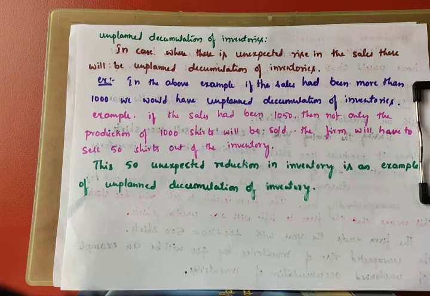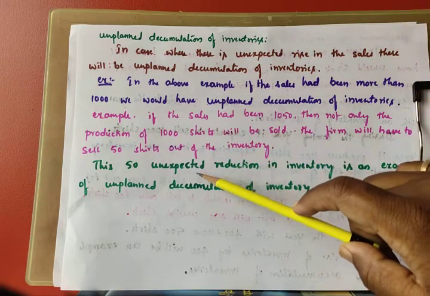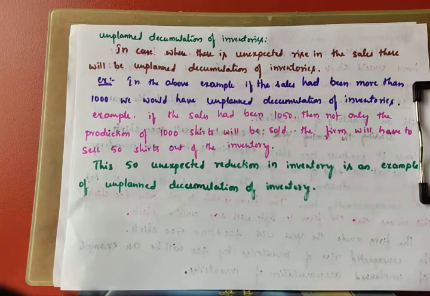Because of the unexpected rise in sales. When the sales increase, there is an unexpected reduction of inventory. Are you understanding? Here we are discussing the unexpected rise in sales. This is called unplanned decumulation of inventories.